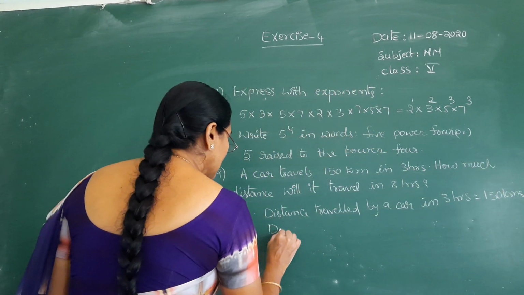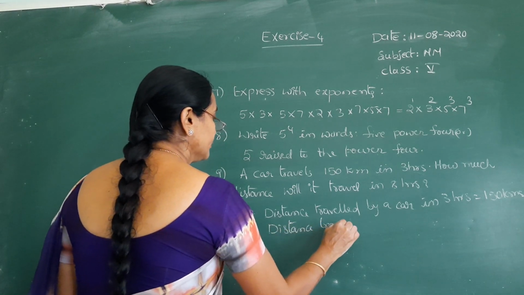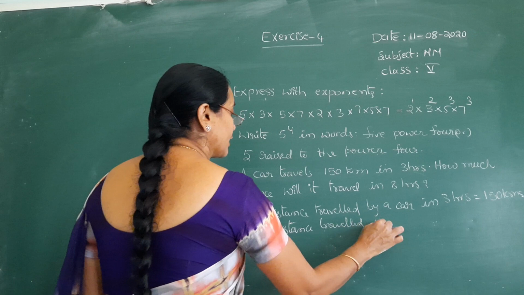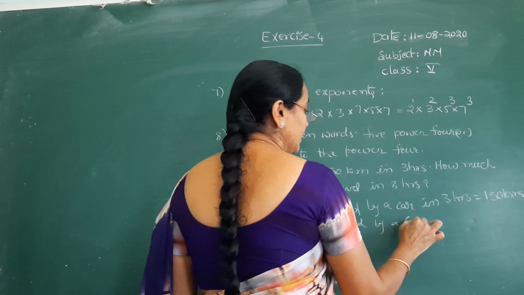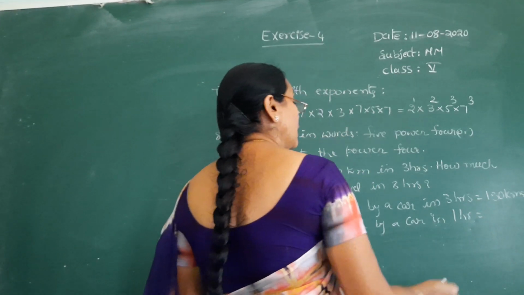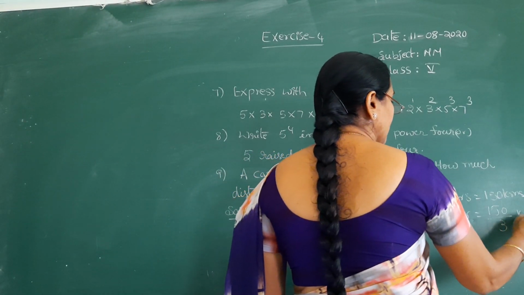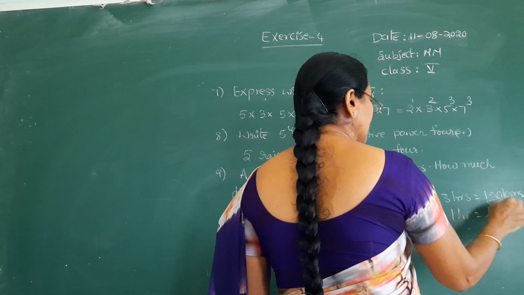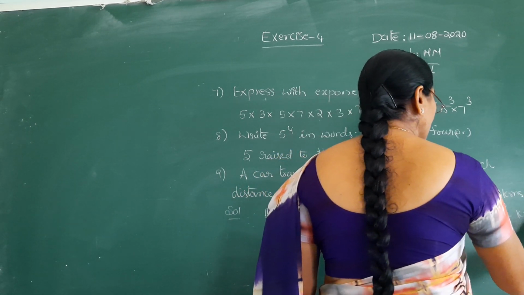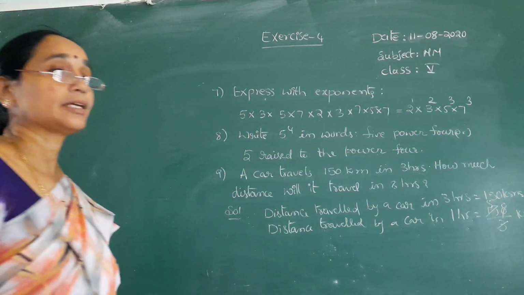And next, distance traveled by a car in 1 hour is equal to, in 1 hour, what do you have to do? We have to divide by 3. See here, 3 5s are 15 and 3 zeros. It covers 50 kilometers in 1 hour.